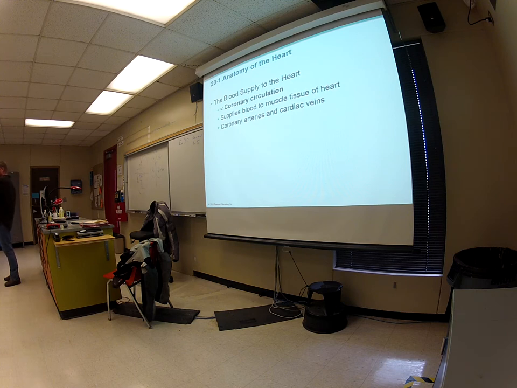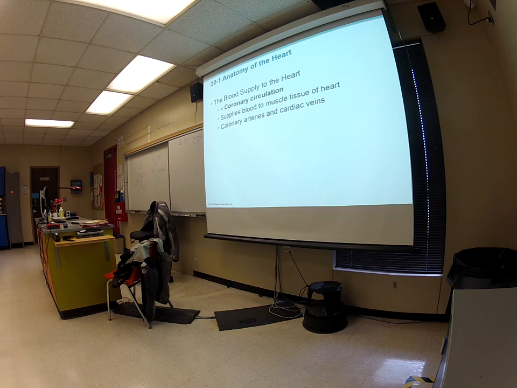Okay, so we've got coronary, we've got pulmonary. What's the other one? Systemic circulation. Please write those down. Okay, there's the difference between 3 things. We've got coronary circulation, which is the heart. We've got pulmonary circulation, which is the lungs. And we have systemic circulation, which is the body.